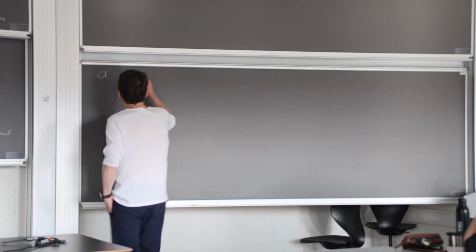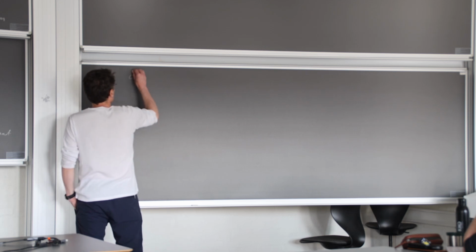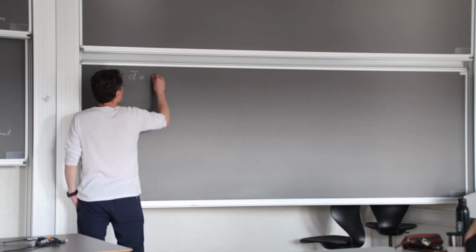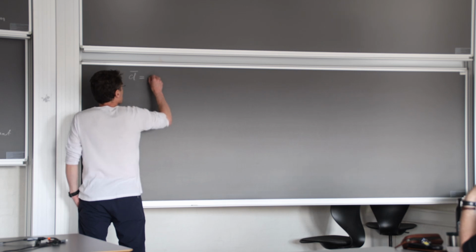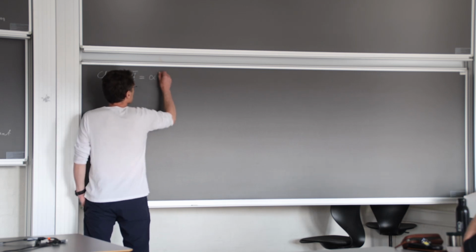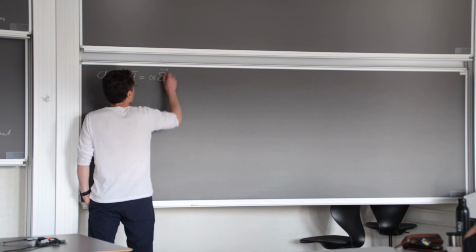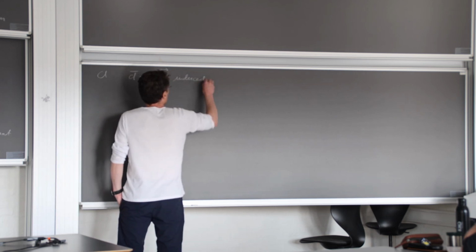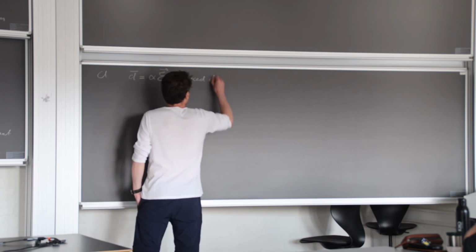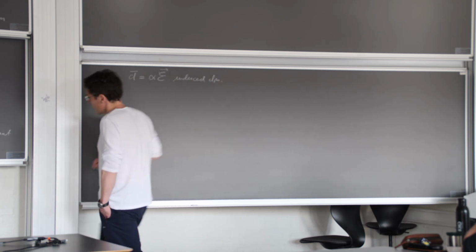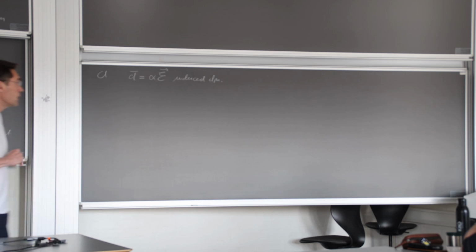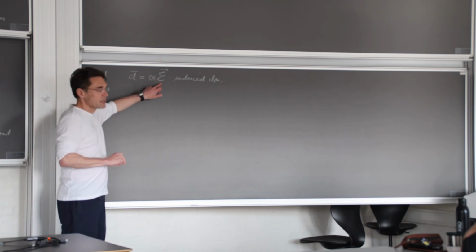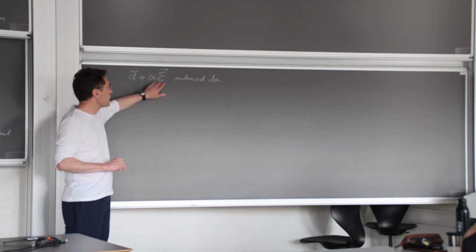So what we would say in general is that D at first order is some quantity times the electric field. So there's going to be an induced dipole moment which at lowest order is proportional to the electric field. You can have higher order, and so you can have something like field squared or cubed and so on.